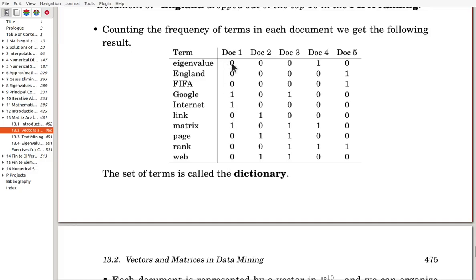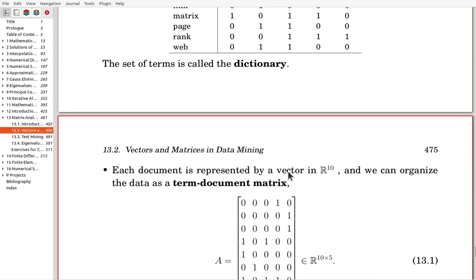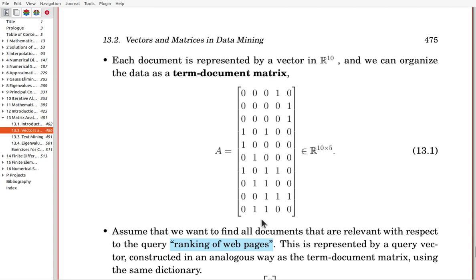So it is a representing vector for the document. And we can organize the data as a term document matrix. We consider only this numeric part. Then that is the term document matrix.